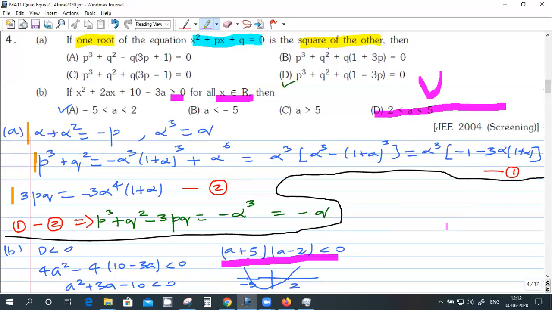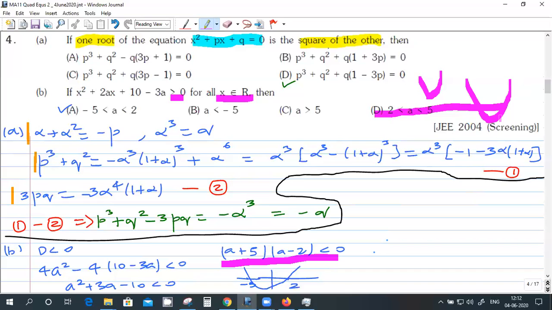Sir, I just didn't get one thing. Why is the discriminant less than 0? See, this first quadratic is greater than 0 for all real values of x, and the coefficient of x square is positive. Once the coefficient of x square is positive, the curve is like U, not inverted U. So this is one possibility, and this is another possibility.